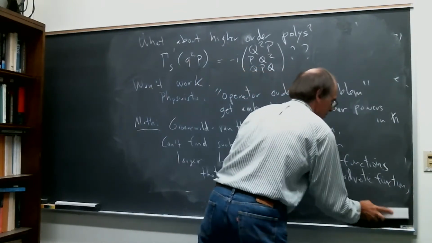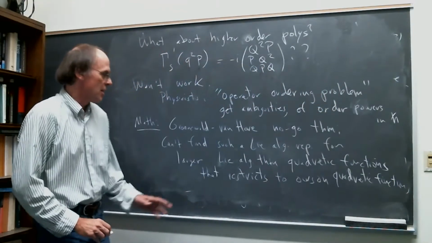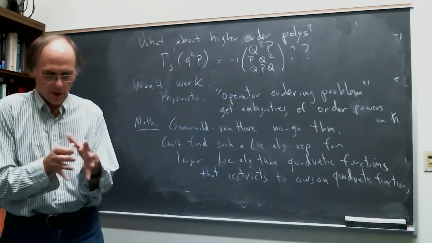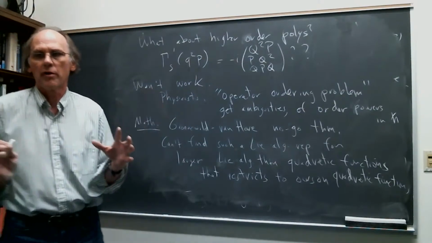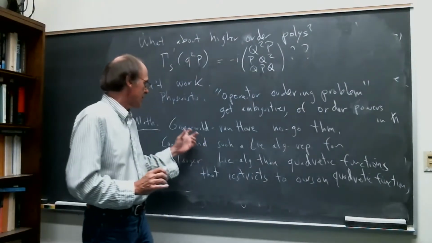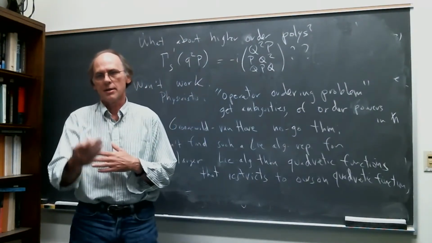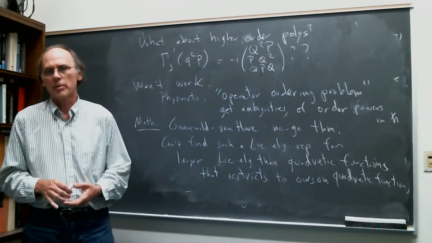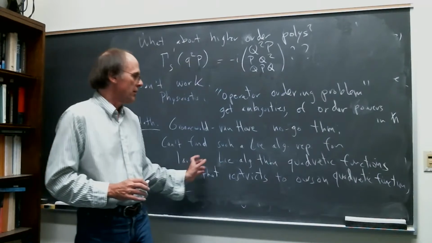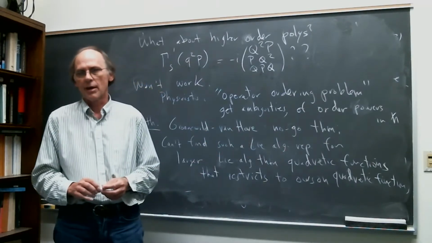I'm trying to make a little bit more of a precise statement. We've tried to build ourselves up, and we've got a unique thing and made something work on quadratic functions. And this theorem says you can't extend that. You can't extend this if you even go to cubic polynomials. There's not going to be any consistent way to treat them.